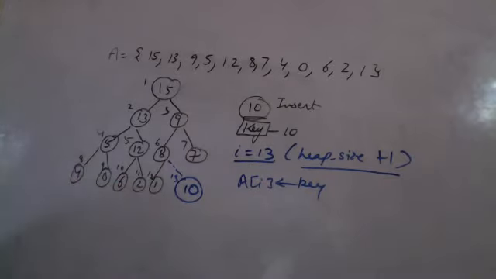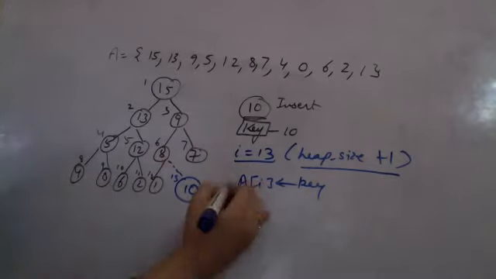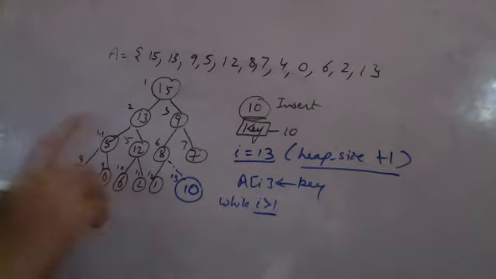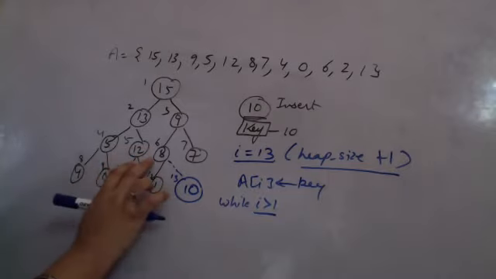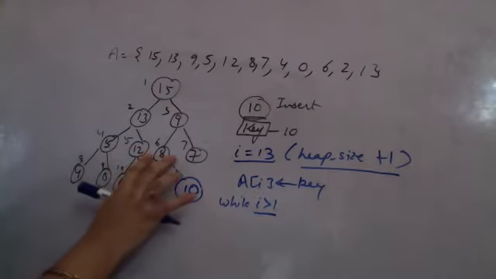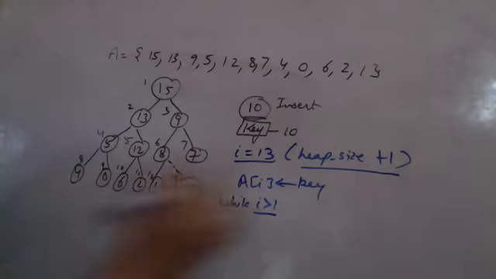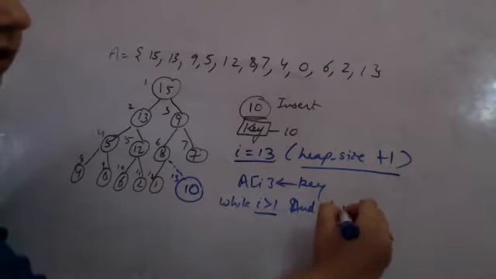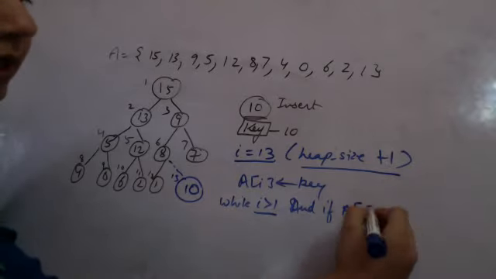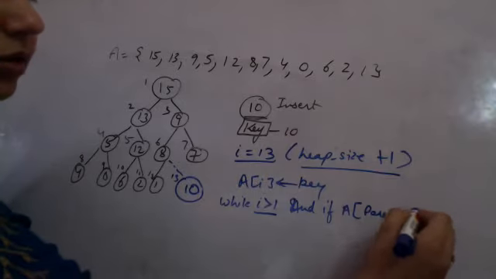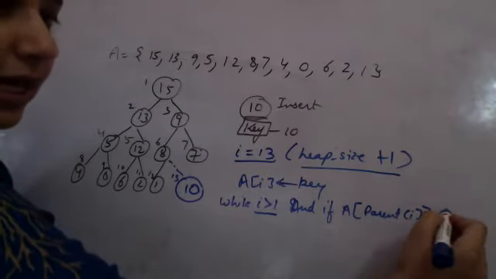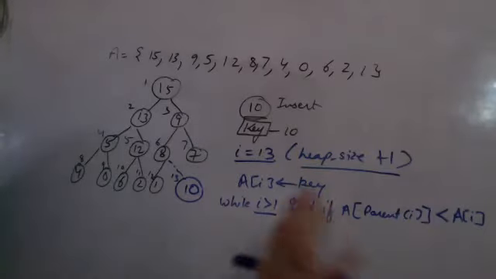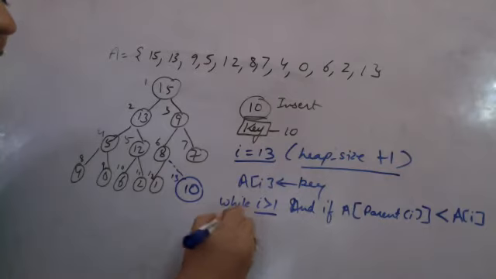After copying the new key, I run a loop while i is greater than 1, and I check if the parent of whatever I have inserted is smaller, then swap these two. That is, if A of parent of i is less than A of i, that means the max heap condition does not hold.